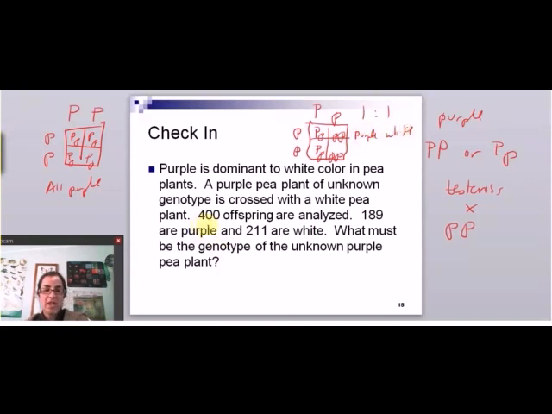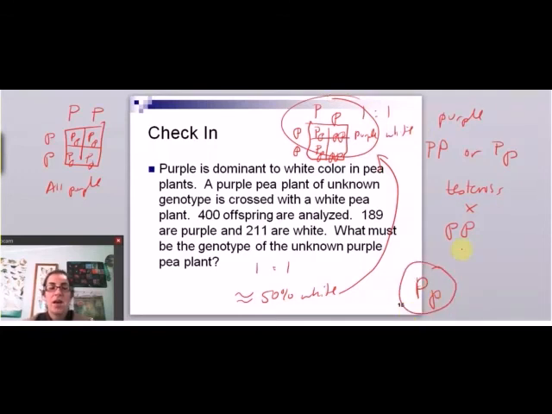So if I look at the data, they counted 400 offspring, 189 are purple, 211 are white. So this isn't exactly 1-to-1, but it is approximately 50% white. So this best matches this data. So my unknown individual must be a heterozygote. And that's how test crosses work.